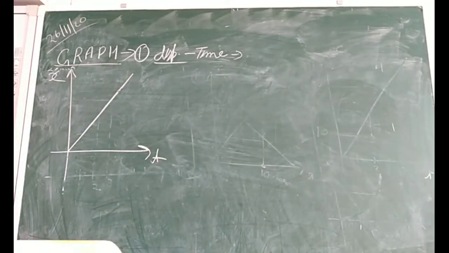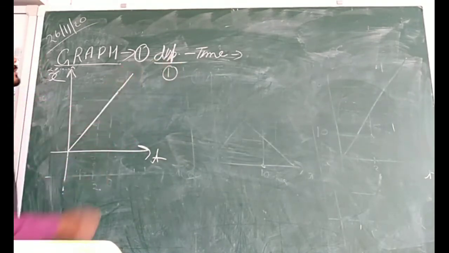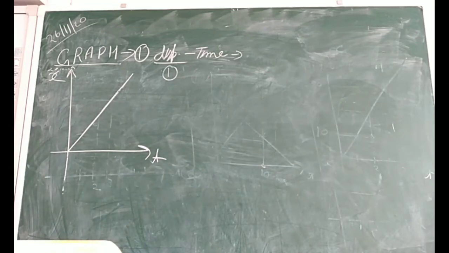We want to perform some calculation from the graph. First of all, there are 2 steps. You can perform the calculation in 2 steps. In the first step, first of all, observe your x-axis and y-axis.